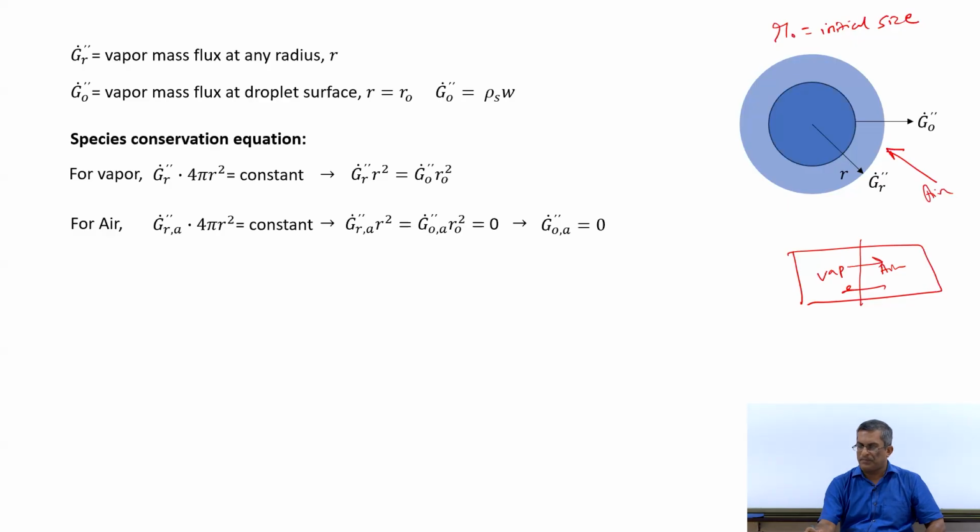This is air. But can air diffuse into the droplet? We have assumed it not to be so. This is the reason why that assumption is there. However, it may not be valid, especially when we have very high pressure ambience.